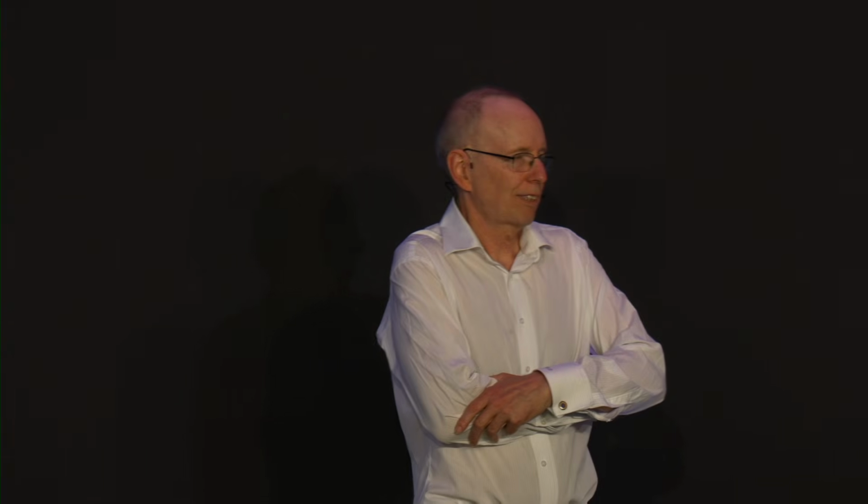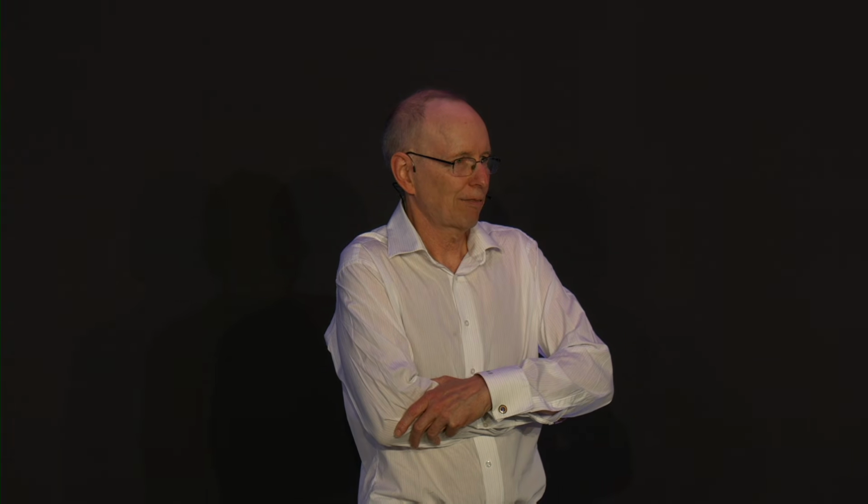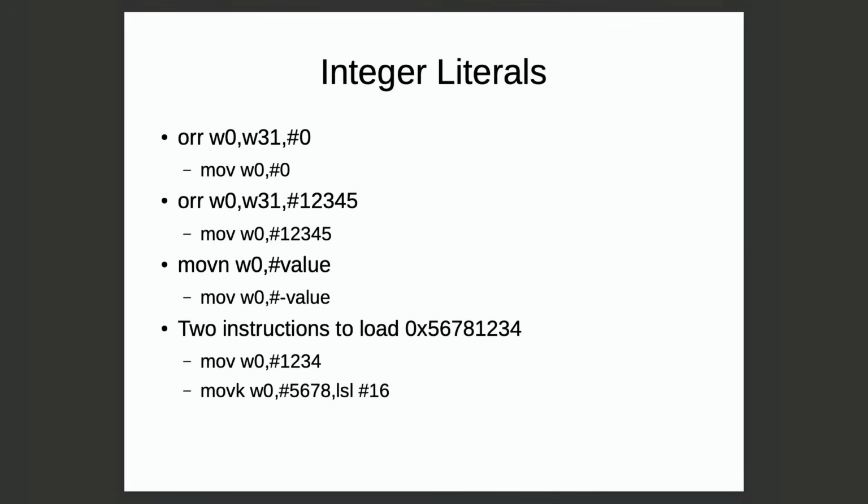Now, I was puzzled when I was first reading the instruction set as to why there's this load of an immediate value that is shifted left by 16 bits. Well, I found out why. You have to have 2 instructions. One is the bottom half, and then the other ORs in the top half, shifted left by 16 bits. And oh, by the way, it can also be negated, shifted left by 16 bits.